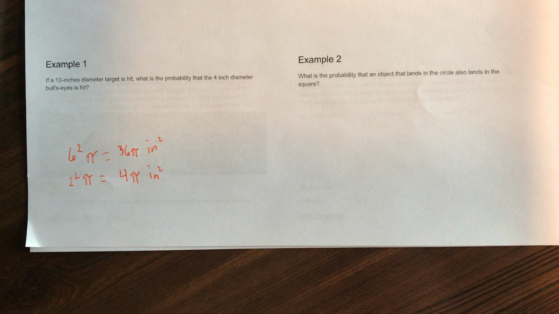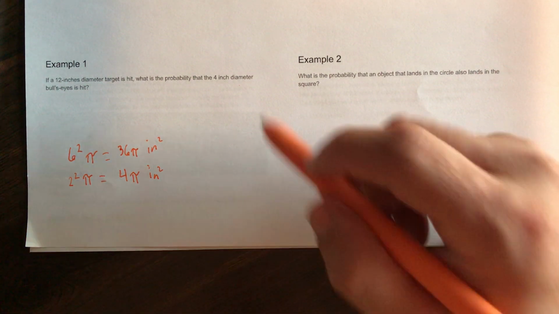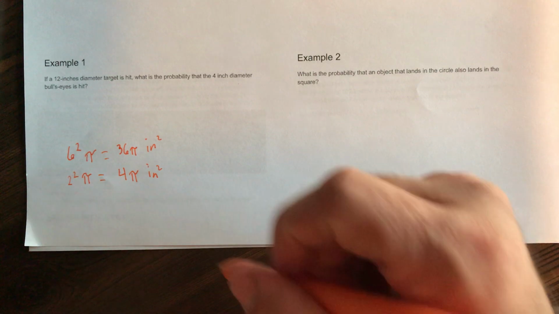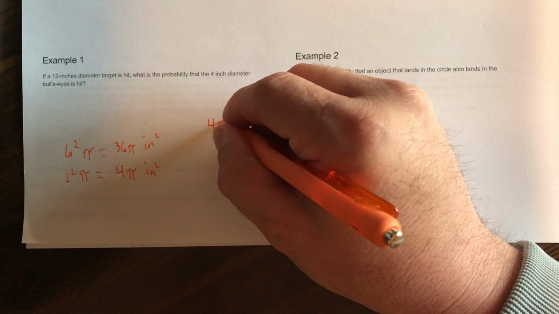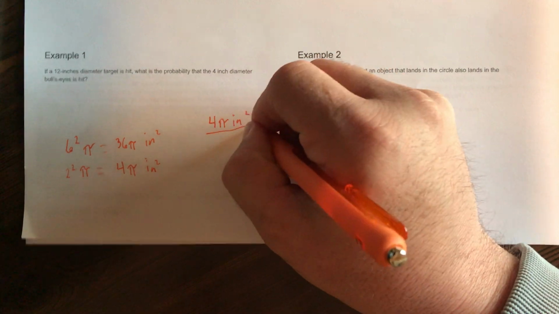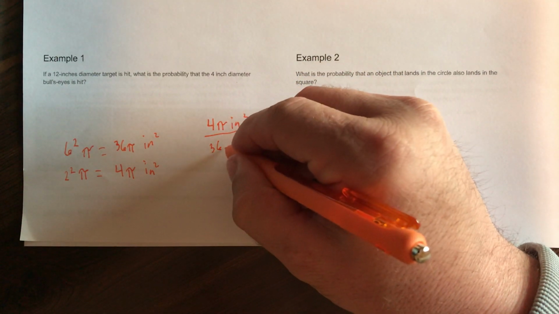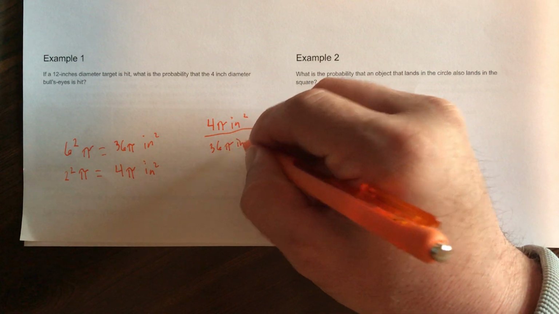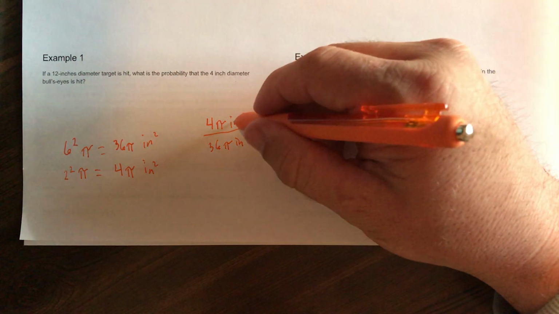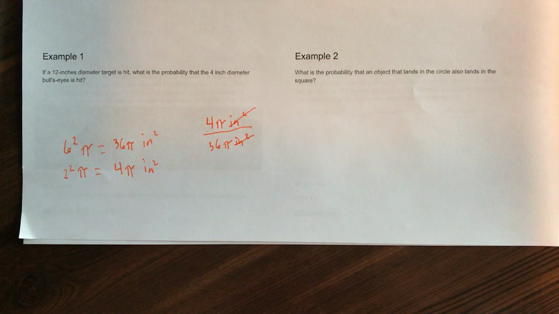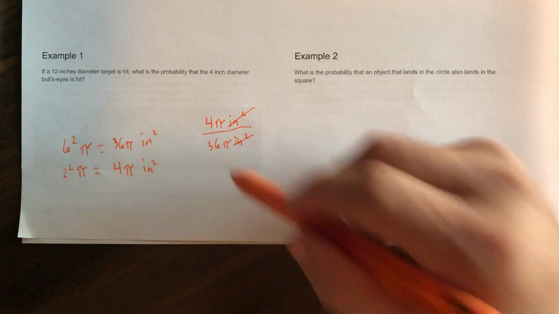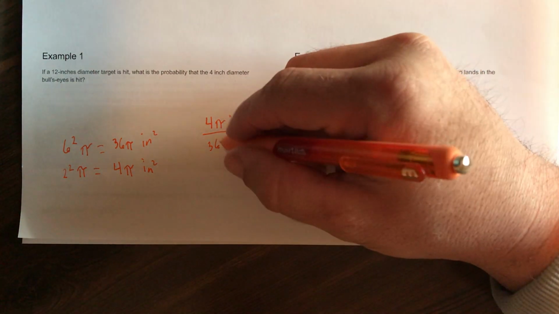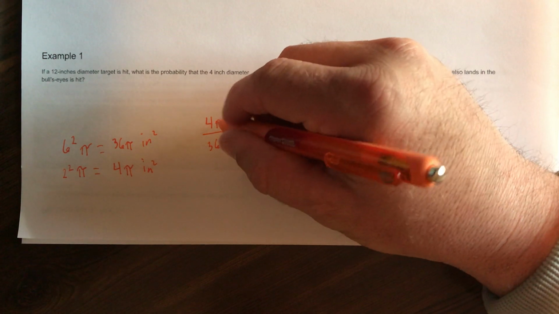If this is that, what is the probability that we hit the small one? So being this is the one that we're trying to find the probability of, we have 4 pi inches over 36 pi inches. This will get rid of our label, like we divided it off. Now this is multiplication in between these two, which means that we can get rid of certain parts of this right away.